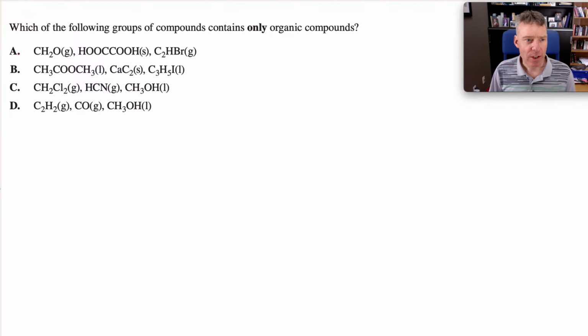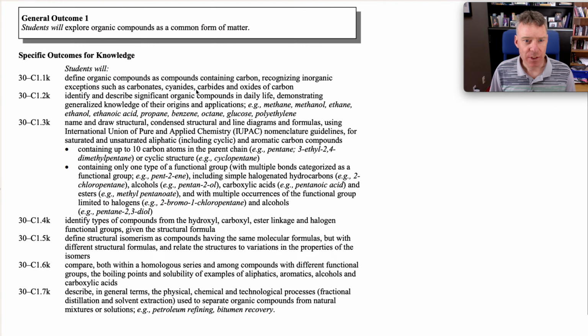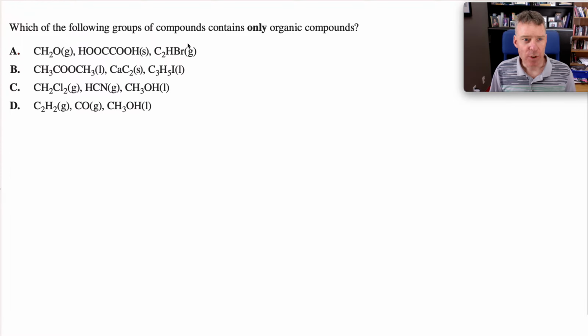So the first question goes back to this very first outcome of what is deemed to be organic within the carbon world. Which of the following groups of compounds contain only organic compounds? So we do want the organic ones. We always have to pay attention for whether it's not or is.